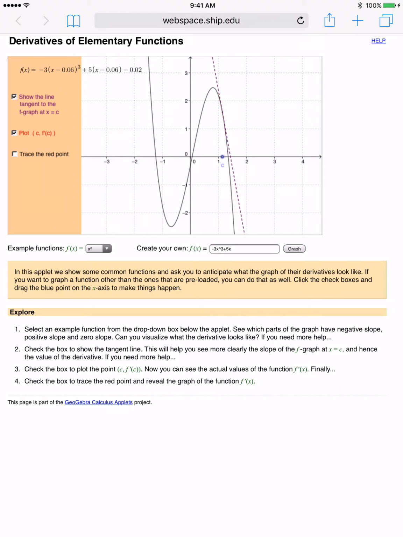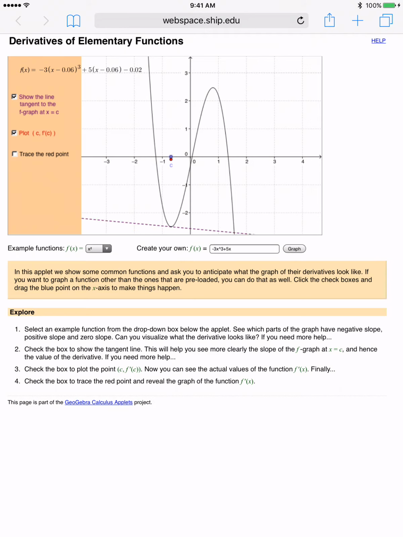So it looks like it's below the x-axis, greater than this c value, above the x-axis between this c value and this c value, and then it goes below the x-axis from negative infinity till about that c value.